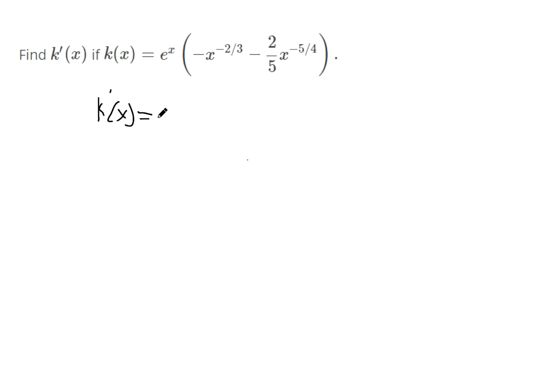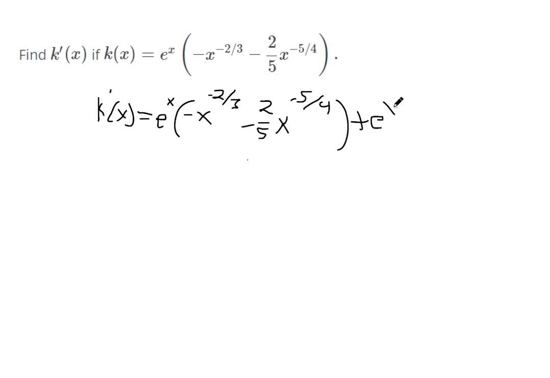So the product rule for differentiation says the derivative of the first function, which is itself, so that's nothing too complicated, times the second function kept the same, plus the original first function times the derivative of the second function.